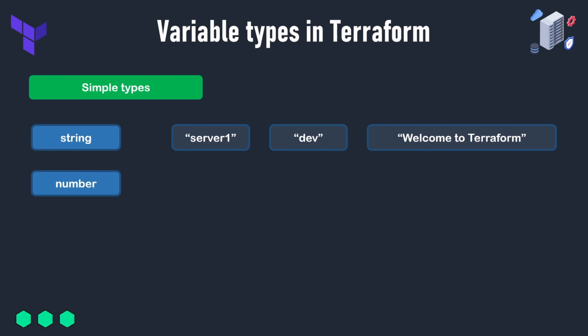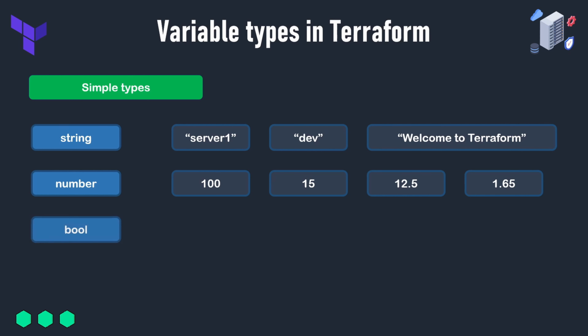The number type can represent both whole numbers like 15 or 100 and fractional values such as 12.5 or 1.65. Finally, we have the type bool for Boolean values. Here, the value can be either true or false.